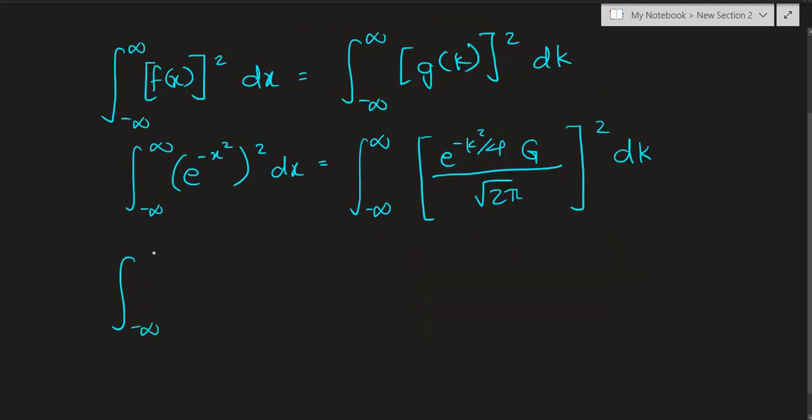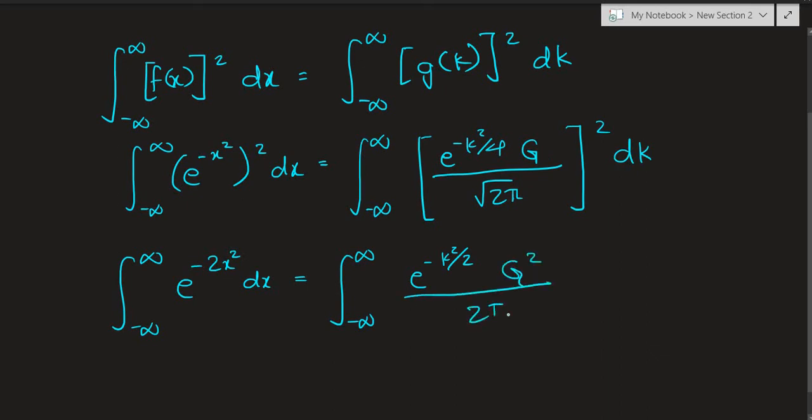So we have the integral from negative infinity to positive infinity. When you square this by properties of exponents, we get e raised to negative 2x squared dx, and over here we get the integral from negative infinity to positive infinity of e raised to negative 2k squared by 4, or e raised to negative k squared by 2, and g squared, and square root of 2 pi squared is just 2 pi.